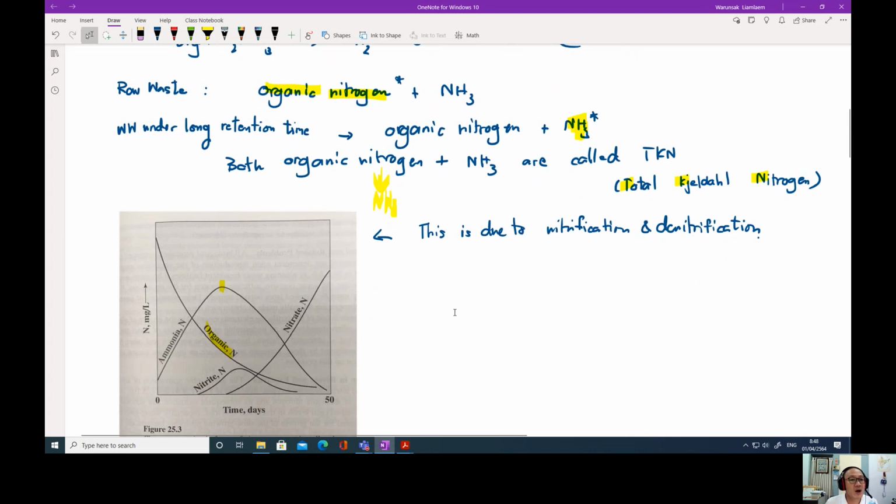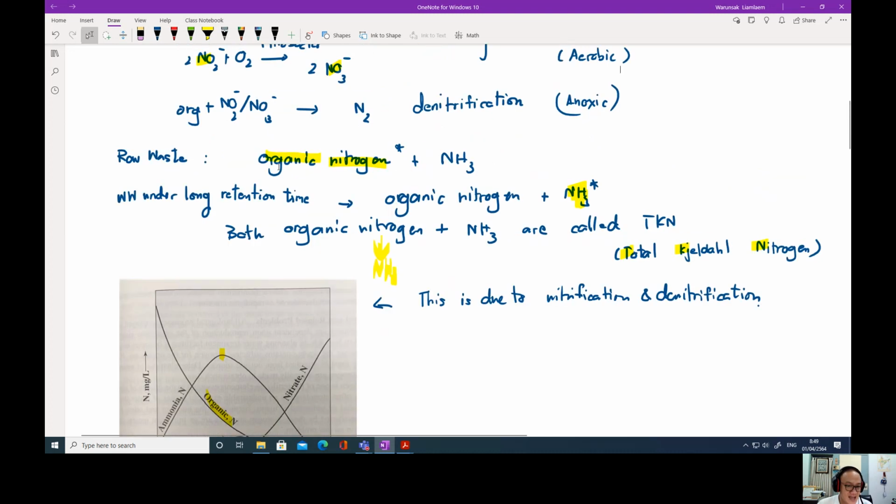Now, just come back to our raw waste. In raw wastewater, it essentially contains some organic nitrogens and ammonia. Once the waste is discharged, or just generated, it becomes wastewater, and this kind of wastewater we call raw waste.